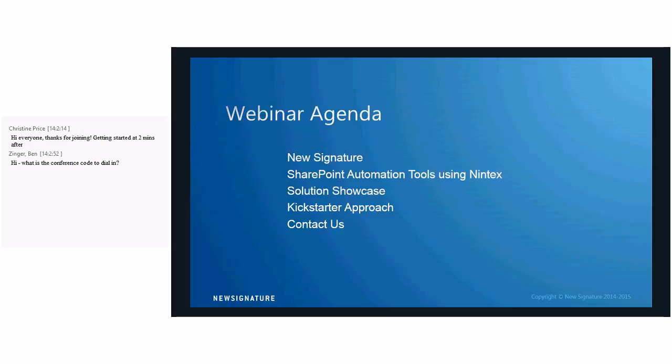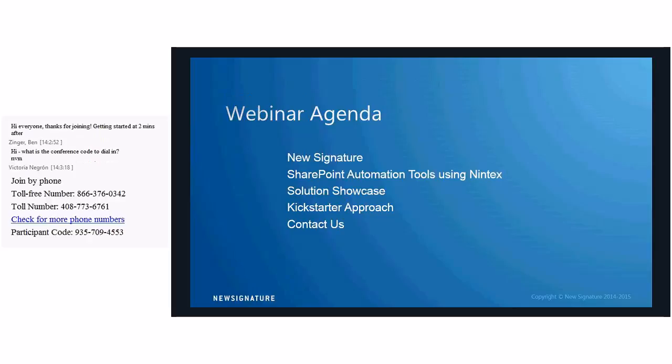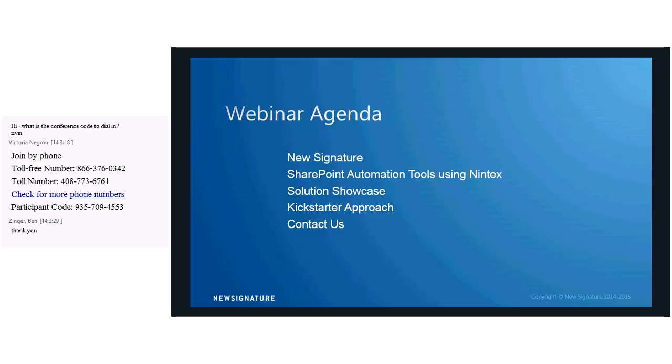Here's a quick rundown of what we're going to be discussing. I told you a little bit about New Signature. We're going to go through some of the automation capabilities of tools with the Intex solution on the SharePoint platform, and tell you some great features and ways you can use the tool to really advance your business forward.